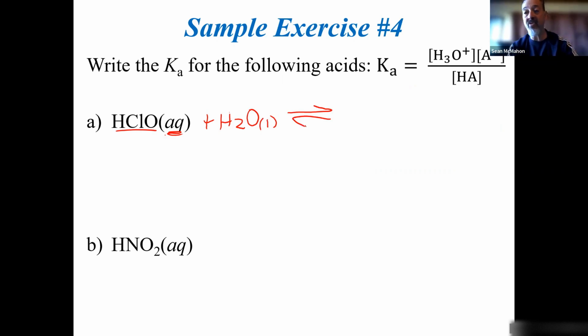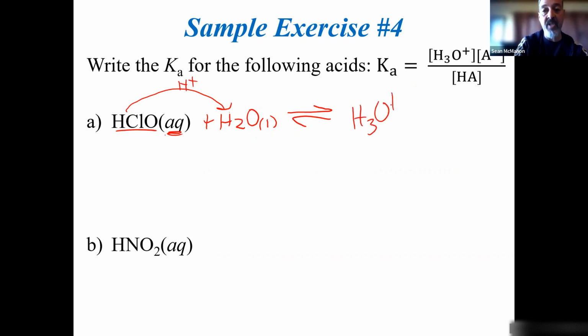It's not one of the 6 strong. It's not hydrochloric, hydrobromic, hydroiodic, perchloric, nitric, or sulfuric. So I'm going to write double arrows. I'm going to donate. By the way, this is hypochlorous acid. It's going to donate, gives me the hydronium ion and hypochlorite as the conjugate base.